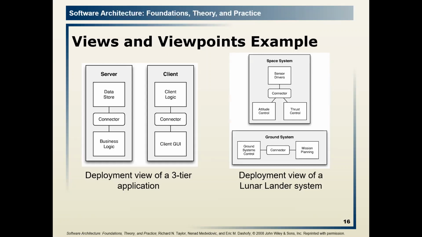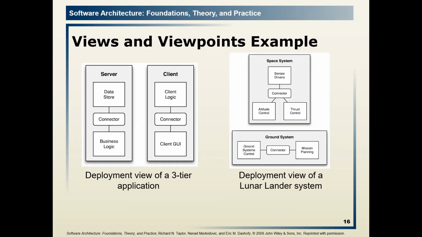Then if you take the deployment view of a Lunar Landers game, which is shown on the right side here, there are the space system and a ground system, which are two different machines, could be on a client server architecture, or it could be on the same machine but separate independent systems.